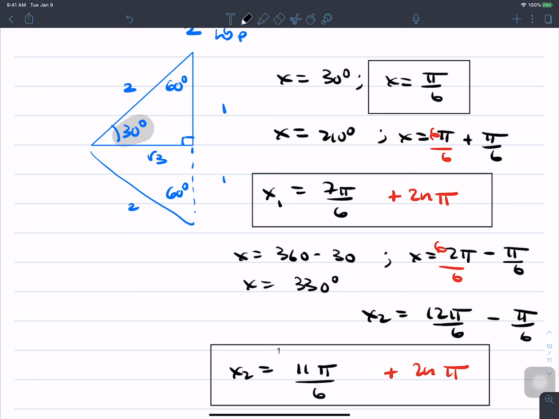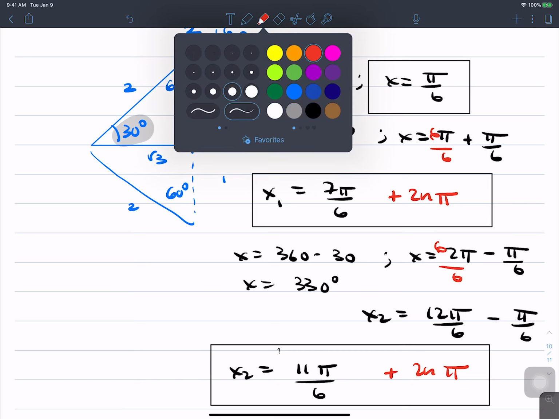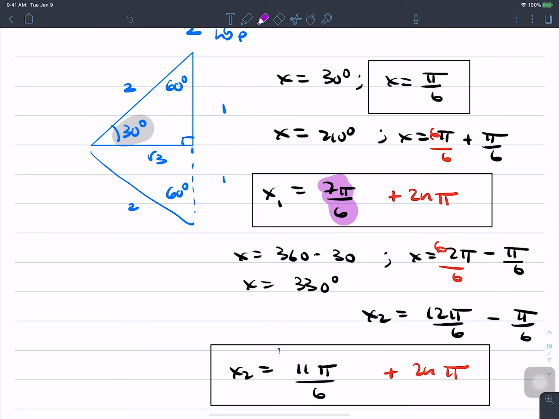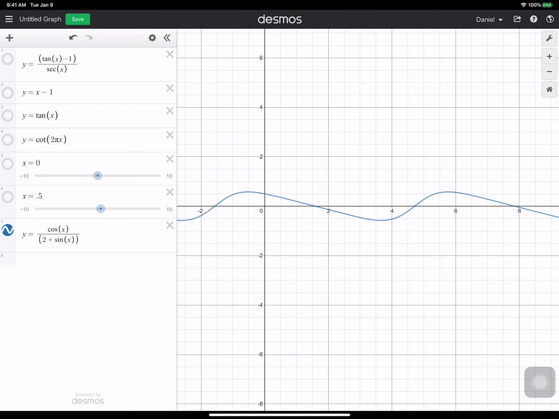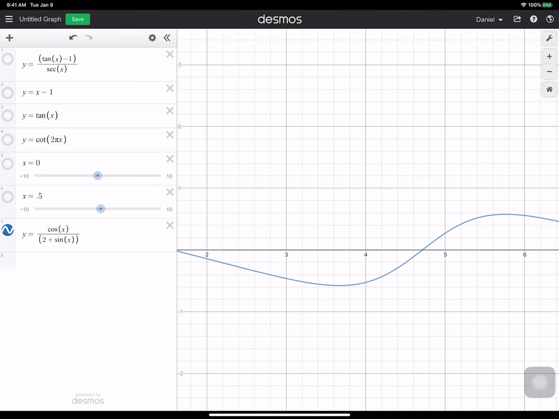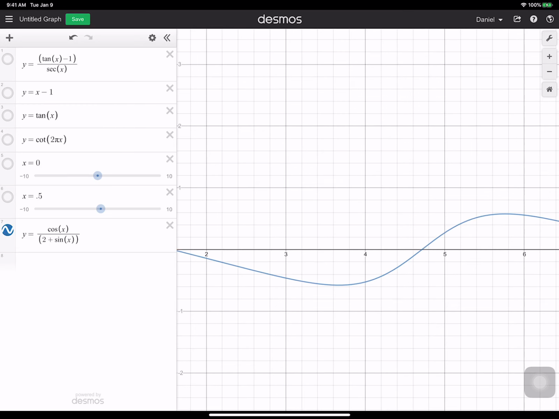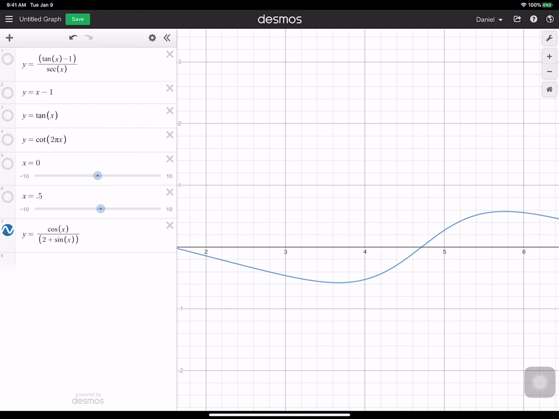And notice some of these answers here, like 7 pi over 6 and 11 pi over 6. If I go back to Desmos, remember, I think for one of them, I try to find a location on the curve if it lets me. Yeah, it did. See this?